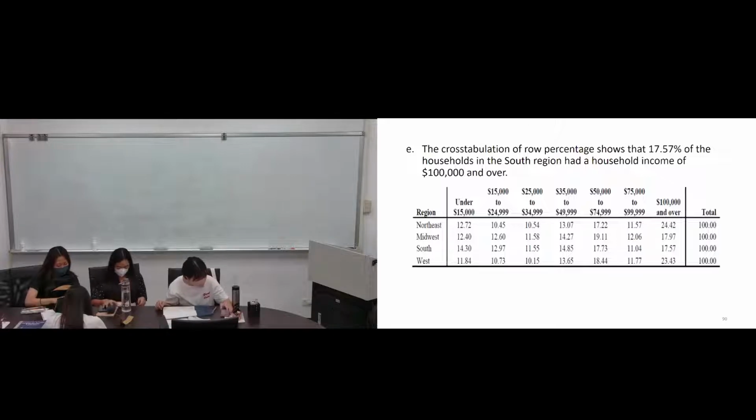So we should convert the original table into row percentages, and then we can find that about 17.57% of the South region have an income above $100,000.